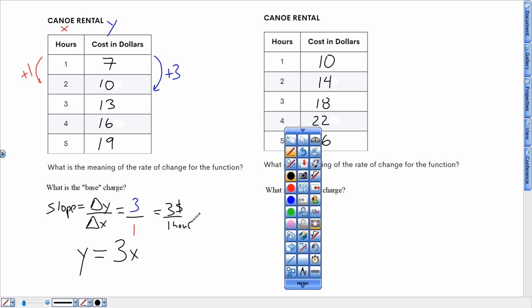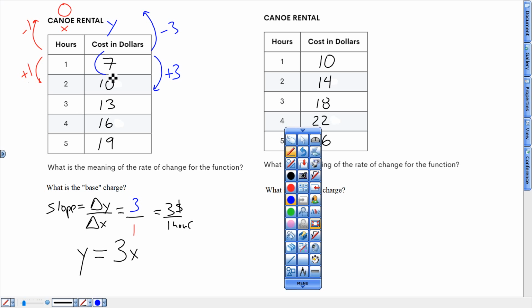Now the base charge is the y-intercept. So to find the y-intercept on this table, you're going to backtrack a step to the 0 term. So that means I'm subtracting 1 to get down there, which means on the y column, I'm subtracting by 3. And what number am I subtracting by 3?